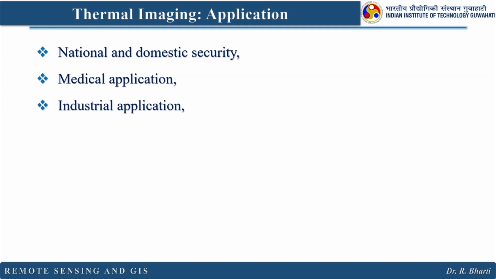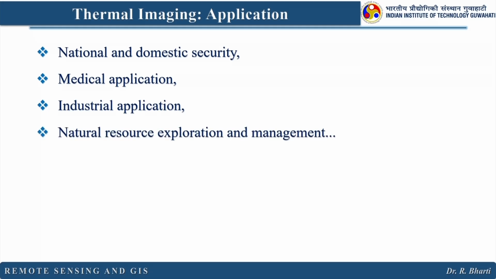The applications of thermal imaging include national and domestic security, medical application, industrial application, natural resource exploration and management. You have already seen the example of national and domestic security. For law enforcement, you can easily use this technology. In medical, to find out the bad cells; in industrial application, to find out leakage or vulnerable zones of any pipeline, right?